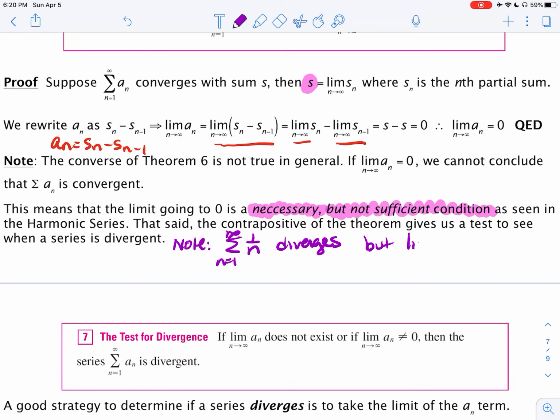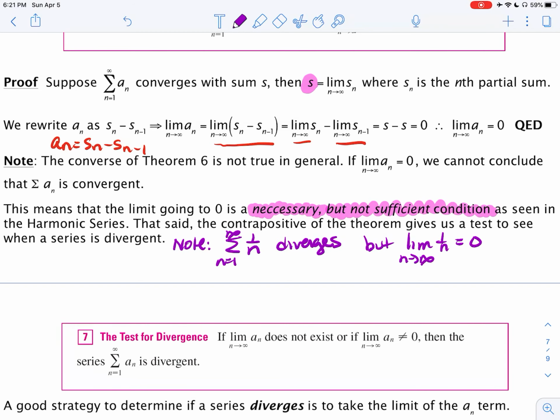But the limit of 1 over n as n goes to infinity is 0, right? So just because the limit of the a n's goes to 0 does not mean that your series is going to converge. It's just a necessary criteria.